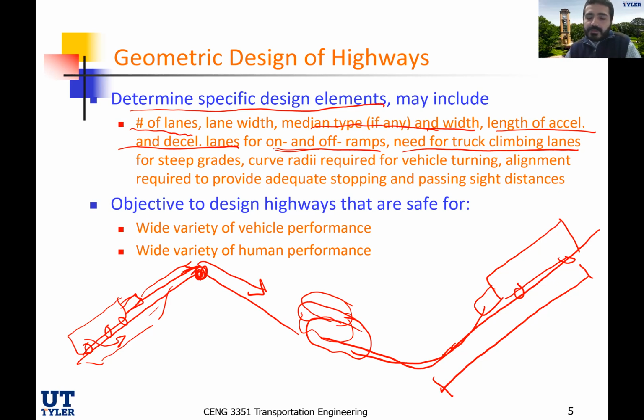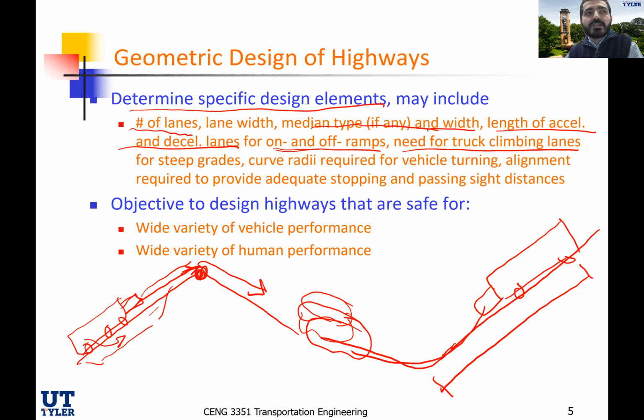That's the concept nowadays, where we try to design that roadway to handle many human performances. I'm not going to build a roadway that's going to be for someone who is 100% concentrated, super young, whose reaction time is way less than the recommended AASHTO time, which is 2.5 seconds.